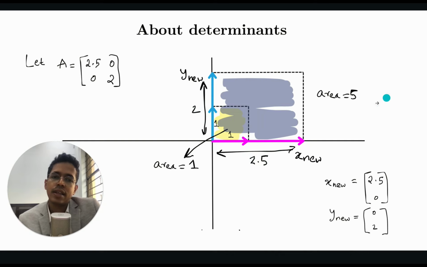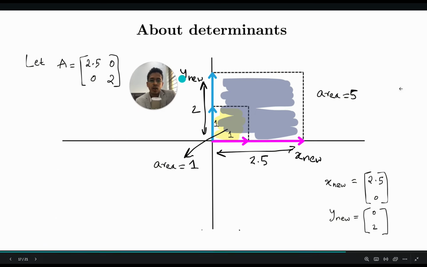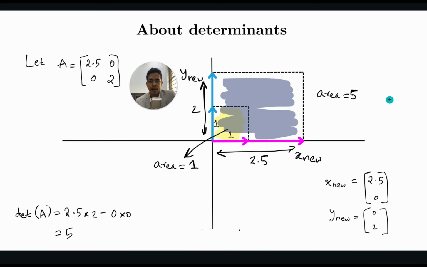So can you see now what happened to the area? The area basically got scaled by a factor of 5. And can you also see quickly what is the determinant of A? The determinant of A is 2.5 multiplied by 2 minus 0 times 0. So it's 5. So determinant is basically the scaling factor by which the original unit square in the xy grid gets transformed. So that is the determinant.